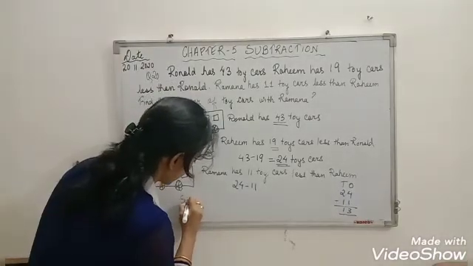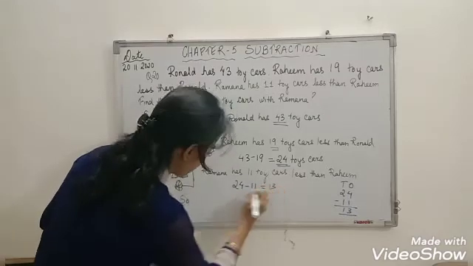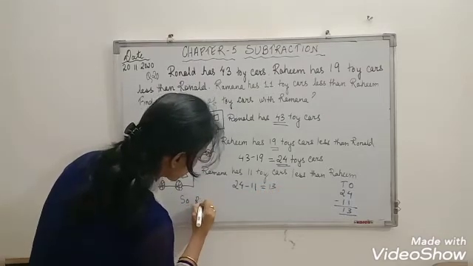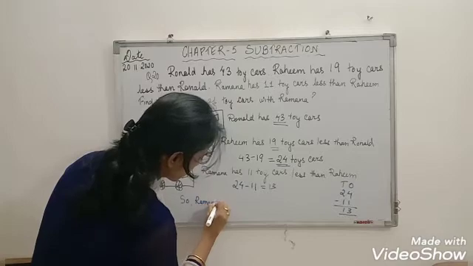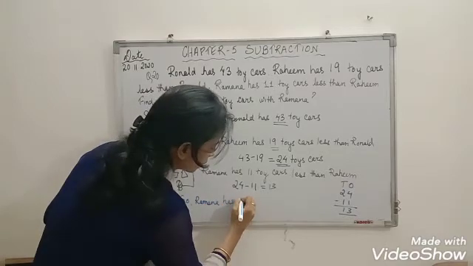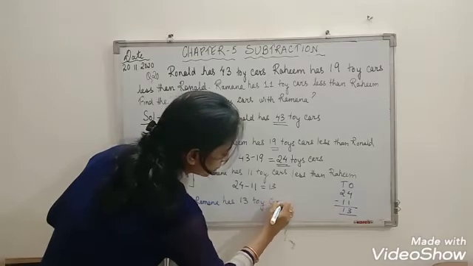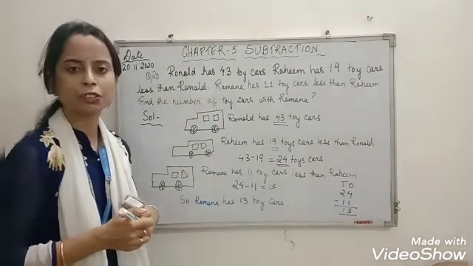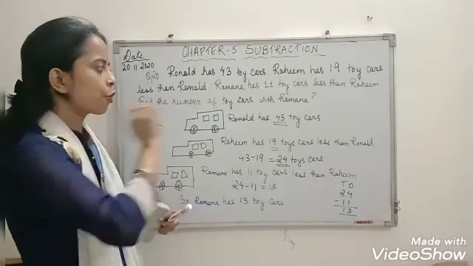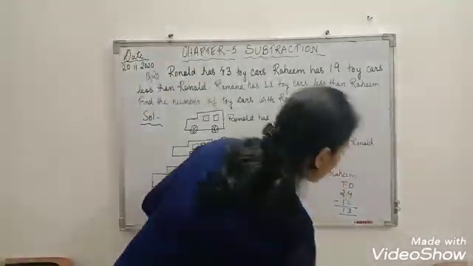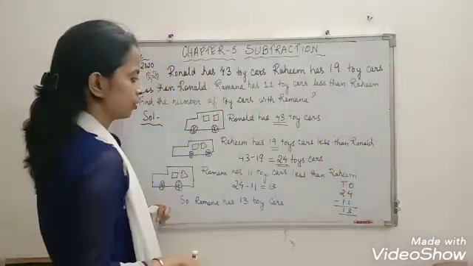So Ramana has 13 toy cars. Understood, children? Ronald has how many toy cars? 43 toy cars.